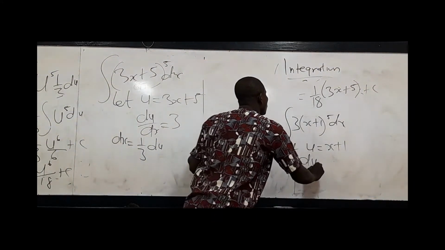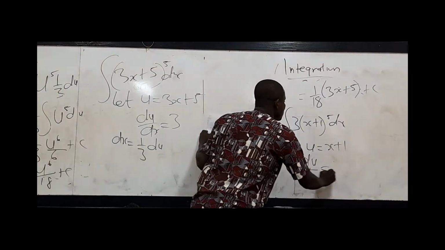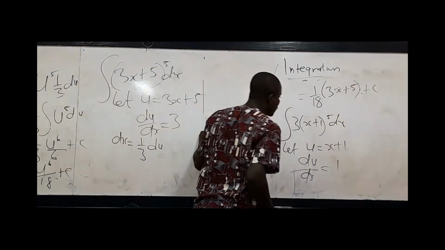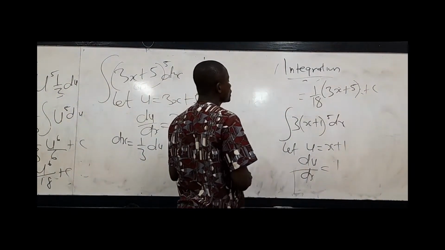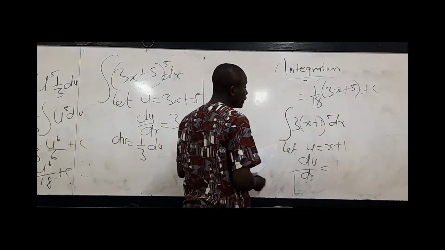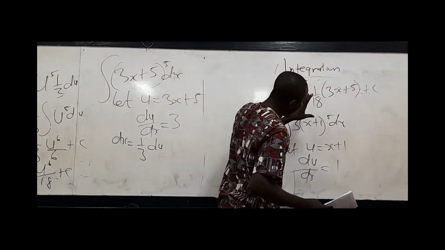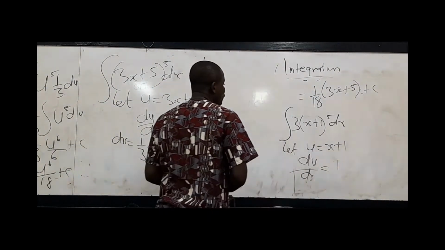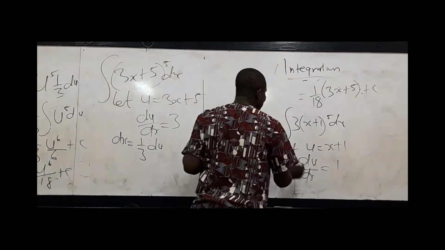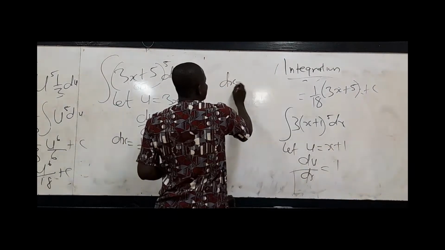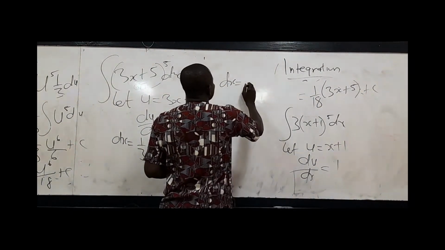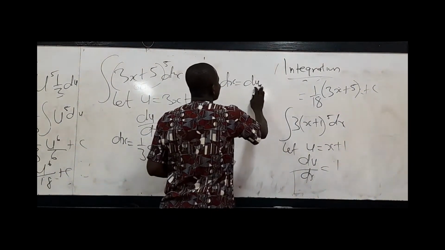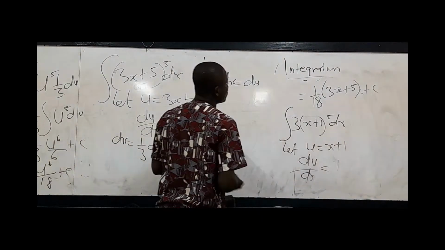So du/dx is equal to 1. Over here you differentiate, not integrate. You differentiate first. After that, dx is equal to du, times 1 is the same thing.